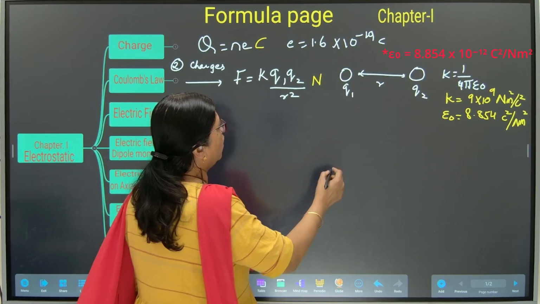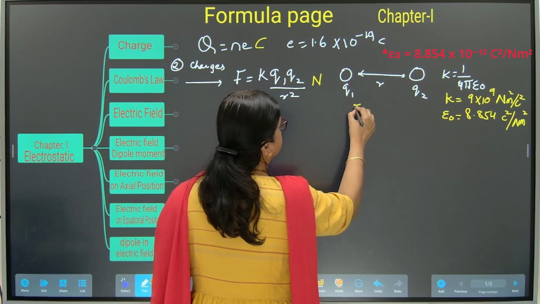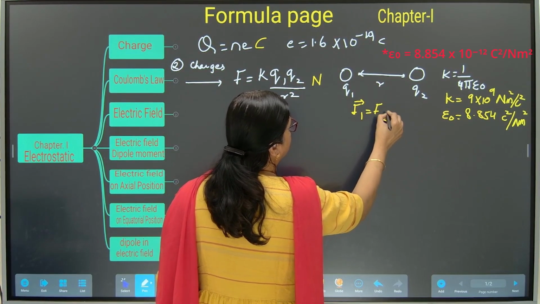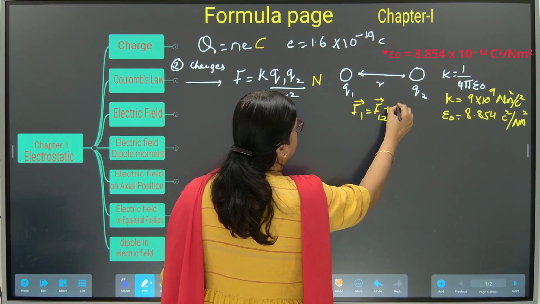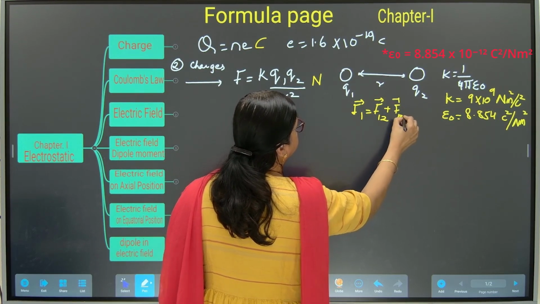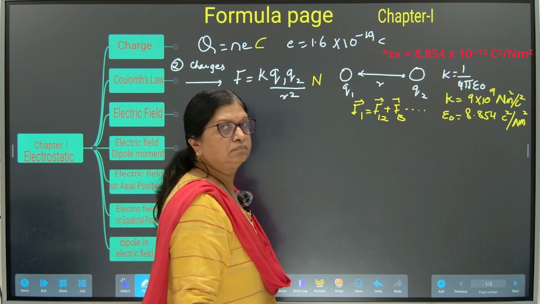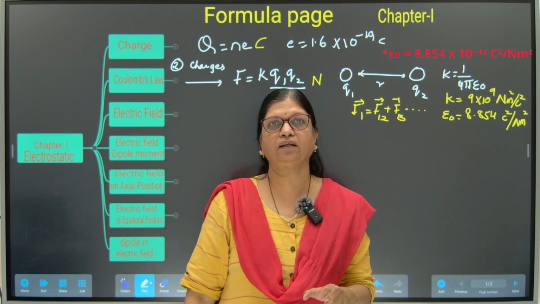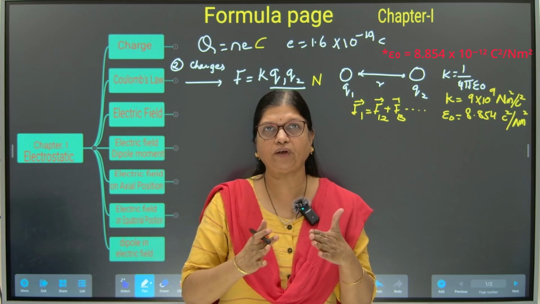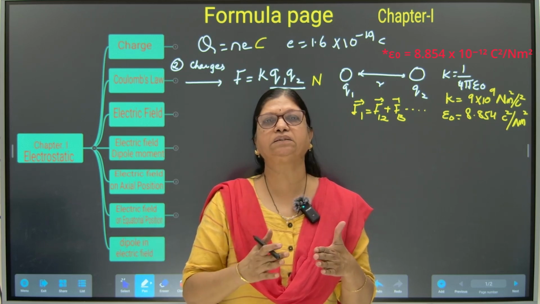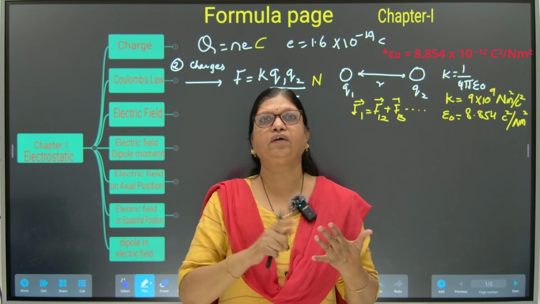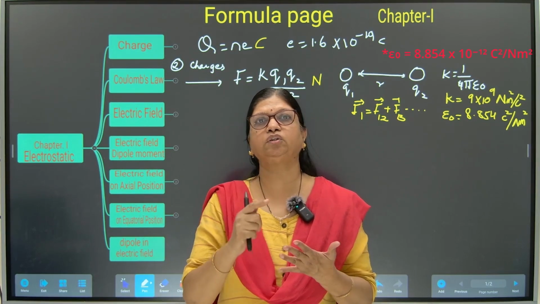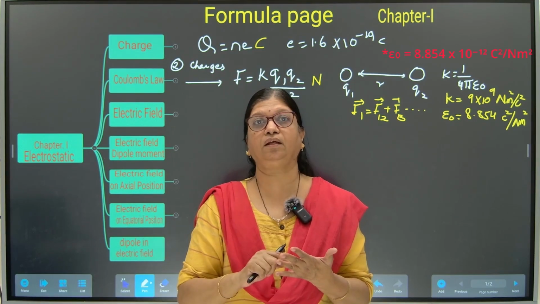Okay, so if I want to know the force on the first charge, then it can be given as F12 plus F13, and so on, and we add these forces individually with the help of vector formulas, that is the vector resultant, where F12 is the force on charge 1 due to charge 2, F13 is the force on charge 1 due to charge 3.